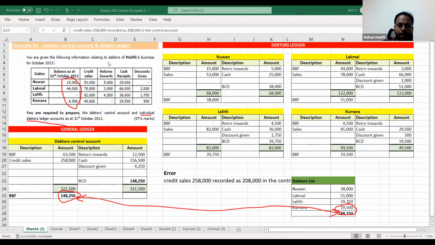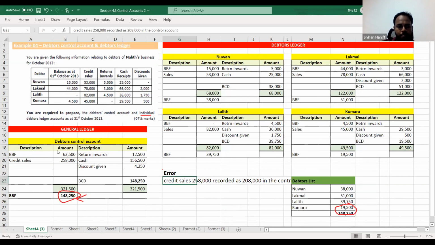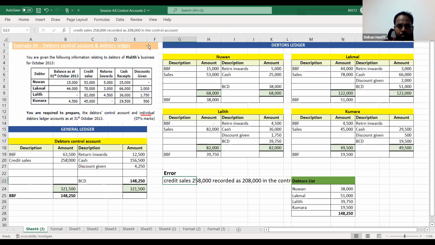Now, you can see the credit sales actual amount is 258,000. But the error is this is recorded as 208,000.